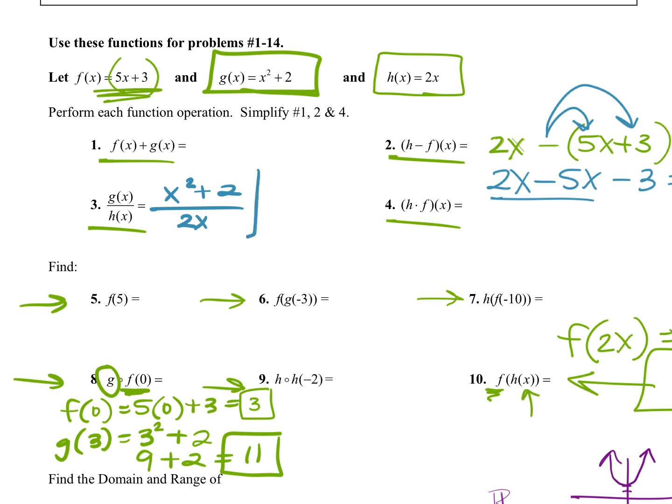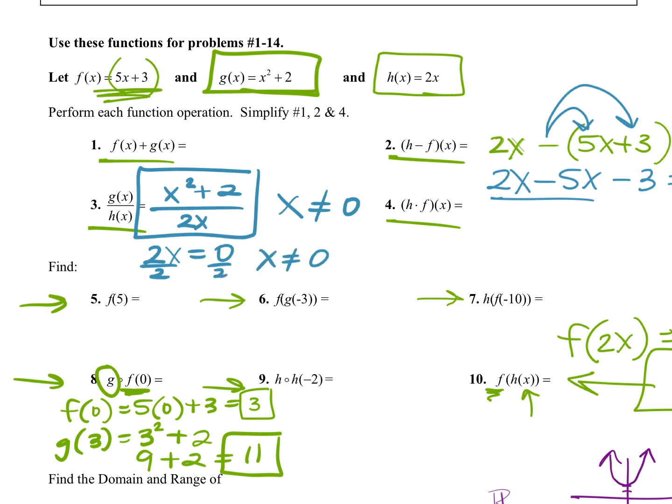So this is actually your answer, but then x cannot equal what? 0. Here's the thing. All you do is you set your denominator equal to 0 and you solve, and that's your restriction. So if I divide by 2, x cannot equal 0, right? 0 divided by 2 is 0. Good on that? Page number 4.